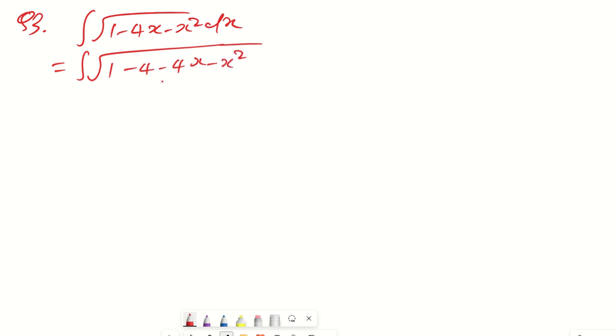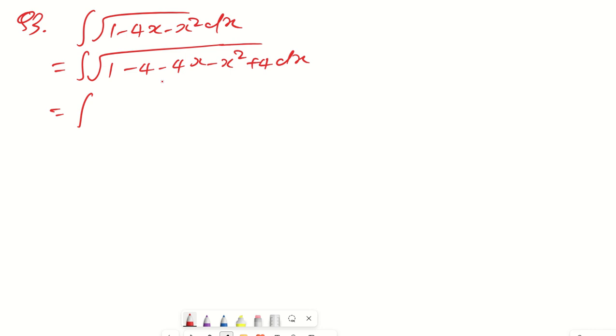Then we will have to add plus 4 extra, right? So now these three terms can be written as x plus 2 whole square, right? So let us write that one. So we can write it as the integral of this, 4 plus 1, I will take at one place. Okay.